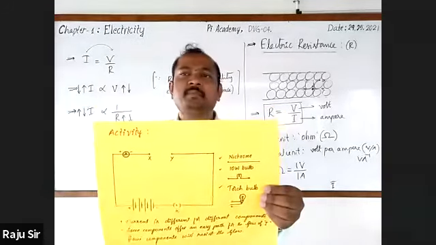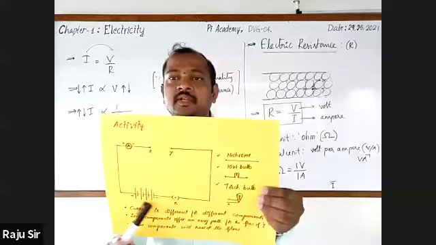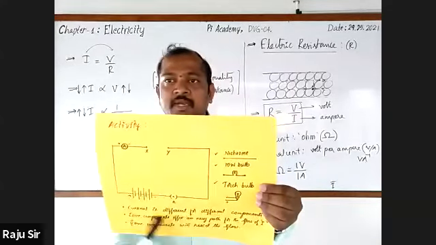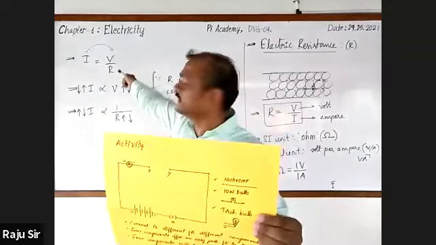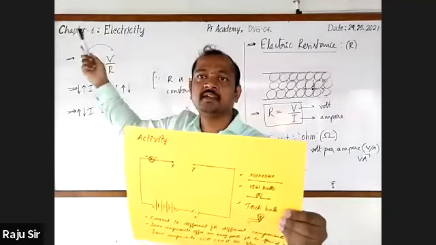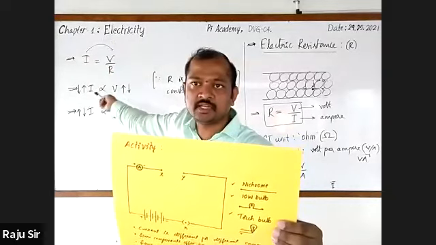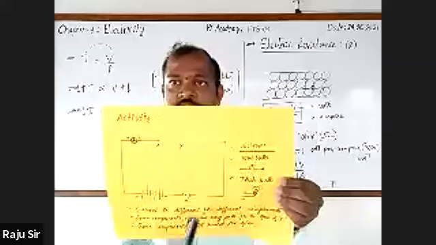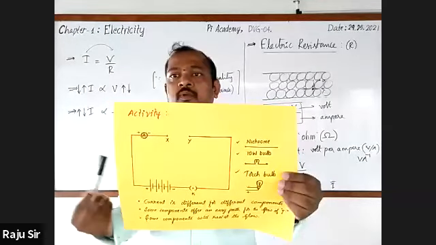It is very simple. We know that current depends on voltage. As the voltage increases, current increases. As voltage decreases, current will decrease. Are we changing the voltage? No, sir.